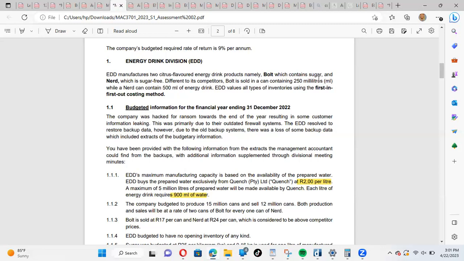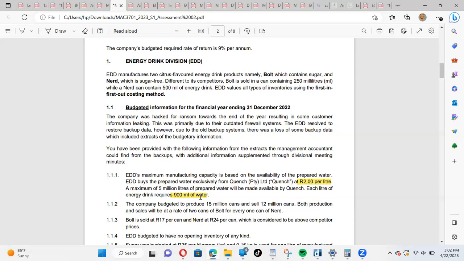How I normally simplify this for myself is: we are given the cost per liter, and we are told each liter of energy drink requires 900 mils of water. So per every liter of energy drink, 0.9, which is 90% of that, is going to be water.